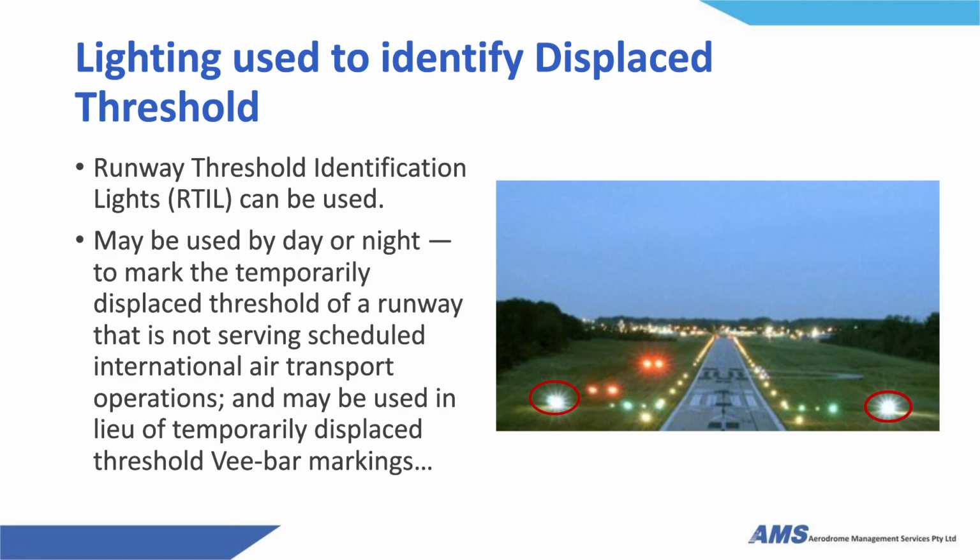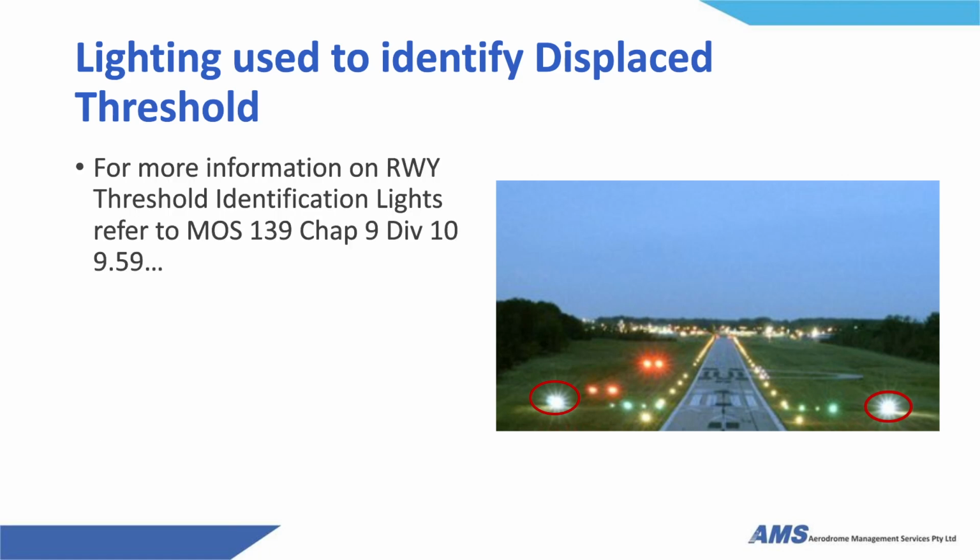These could be used by day or night to mark the temporary displaced threshold of a runway that is not servicing scheduled international air transport operations, and may be used in lieu of temporary displaced threshold V-bar markings. For more information on runway threshold identification lights, refer to MOS 139 Chapter 9, Division 10, 9.59.